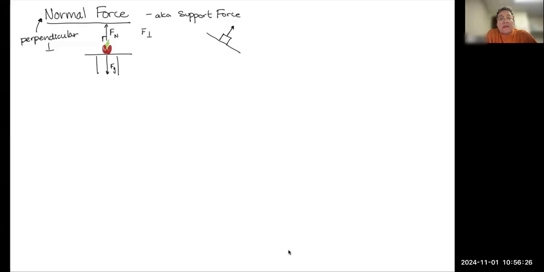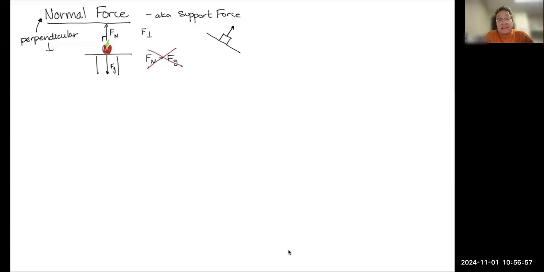Now, the place that people can get into a little trouble here is in understanding how big the normal force is. If the normal force and gravity are the only two forces that your apple has, then they will be equal to each other. And every year I have students who really want me to put that equation on a test, but I won't.